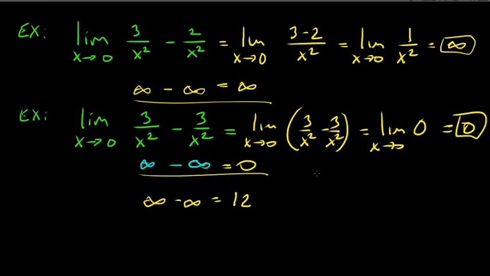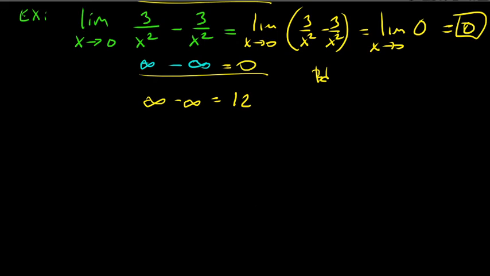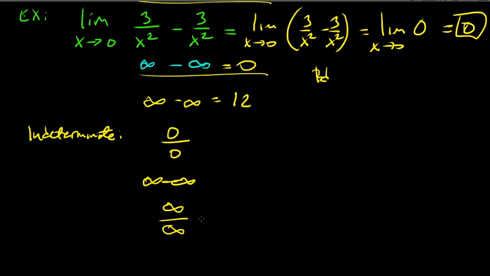So your indeterminate forms, just to mention: we already saw 0 divided by 0 is indeterminate. Now we have another one, infinity minus infinity is indeterminate. Also, infinity divided by infinity is indeterminate.